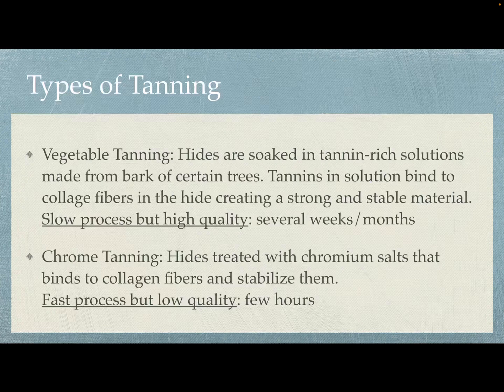Vegetable tanning is a slow process, taking several weeks or even months, but it produces a high-quality leather that is both durable and attractive. In chrome tanning, the hides are treated with chromium salts, which also bind to the collagen fibers and stabilize them. Chrome tanning is a much faster process than vegetable tanning, taking only a few hours, but it produces a leather that is less durable and more likely to crack over time.